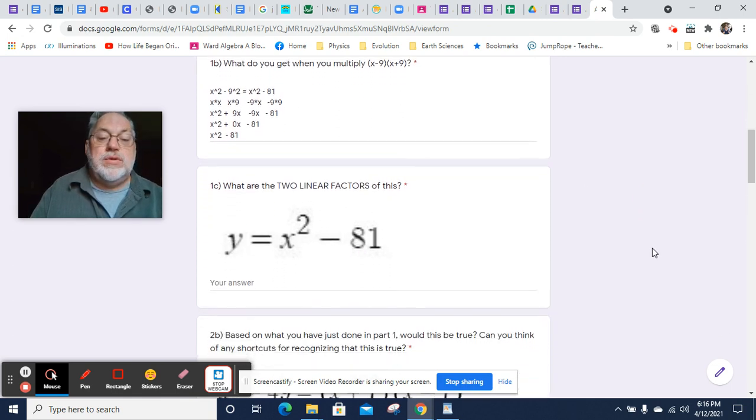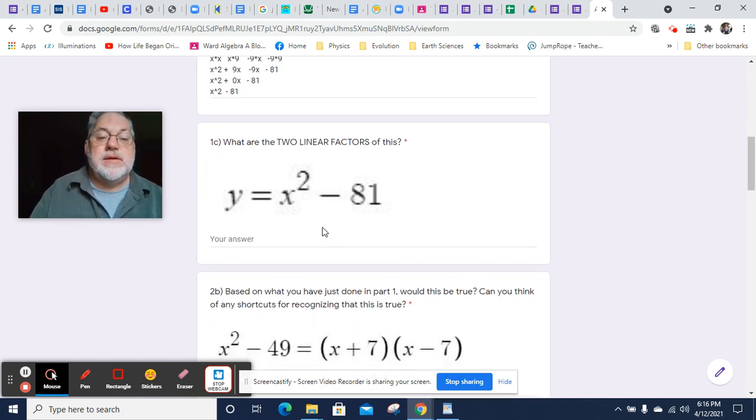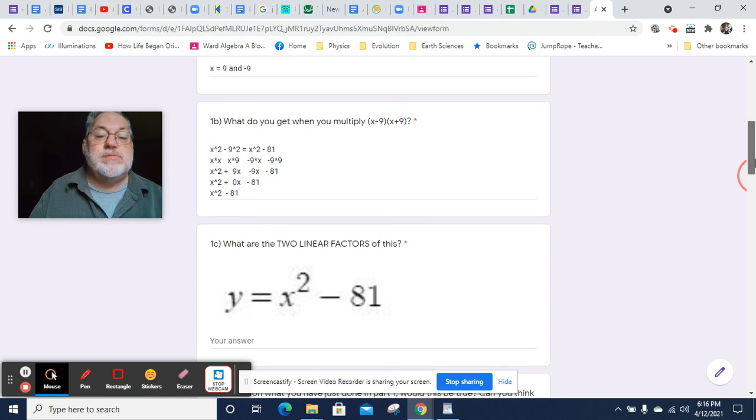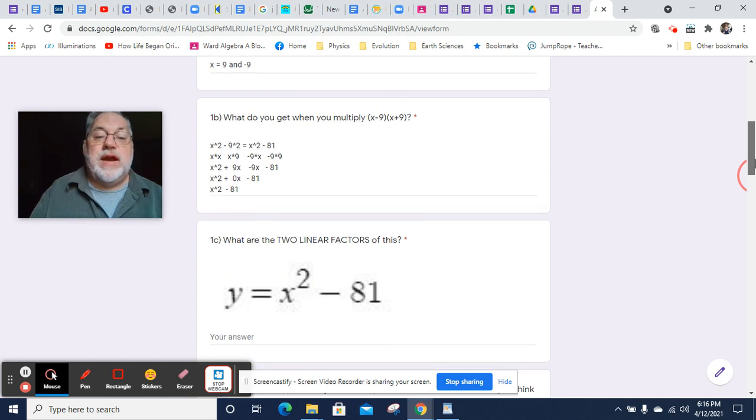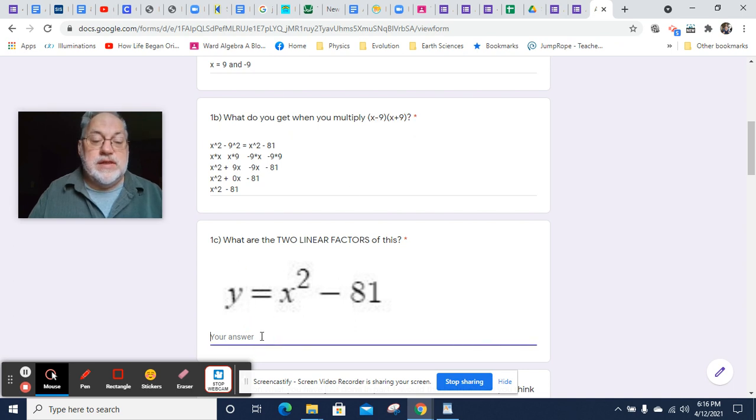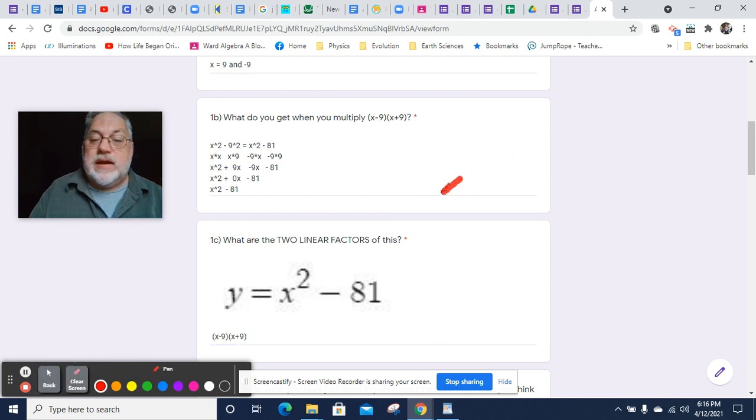All right, what are the two linear factors of this? Okay, well, I need to find, where's the middle term? Well, you may have just noticed that we just multiplied two linear factors to get x squared minus 81, and so the two linear factors are right there. You just did this. However, let's break it down. We've got, of course, x squared.